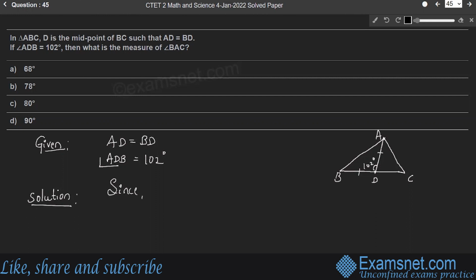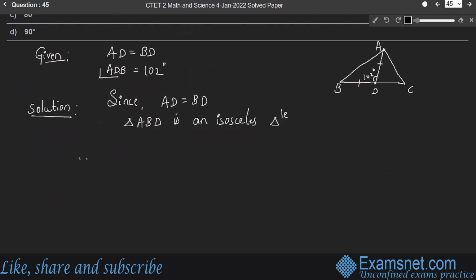Since AD is equal to BD, triangle ABD is an isosceles triangle. Therefore, angle B is equal to angle BAD. So let us find the measure of angle B and BAD.